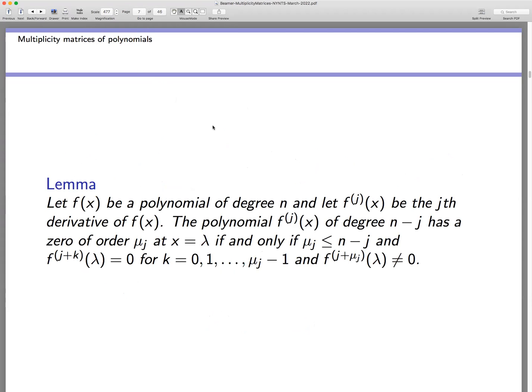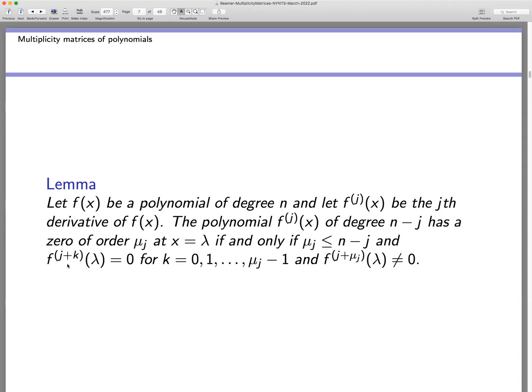So these are just a few simple lemmas; there's nothing here that you couldn't do in your Calc 1 class. Let f of x be a polynomial of degree n, and f_j is the jth derivative, so it has degree n minus j. You have a zero of order mu_j at x equal lambda if and only if mu_j is at most n minus j, that's the degree of the polynomial.